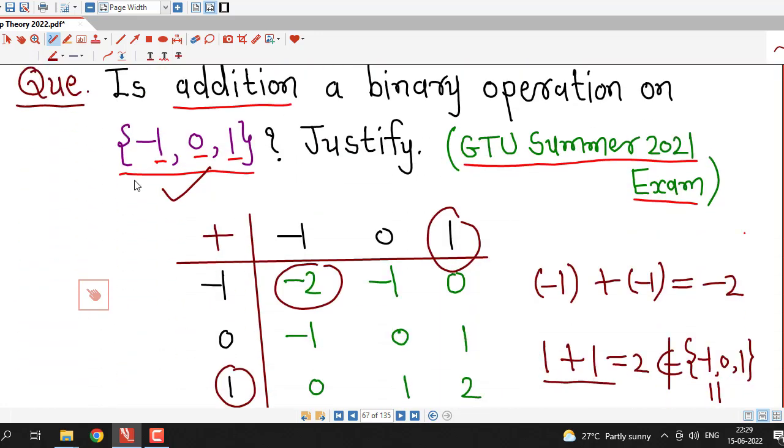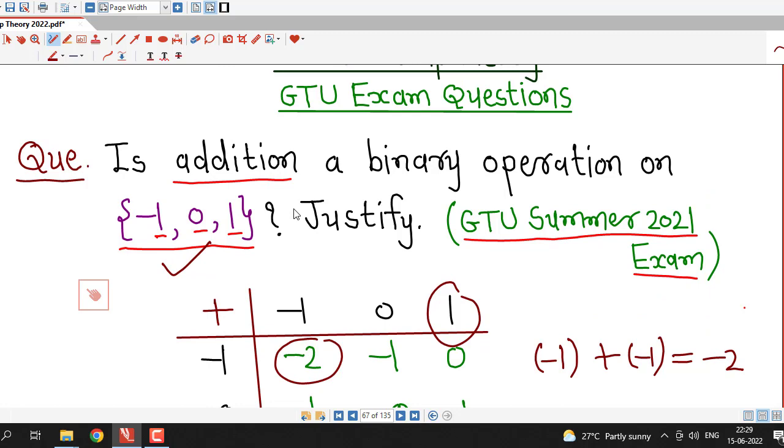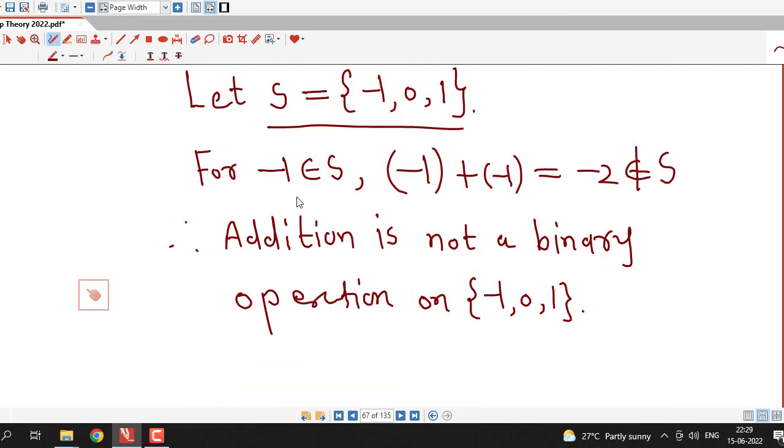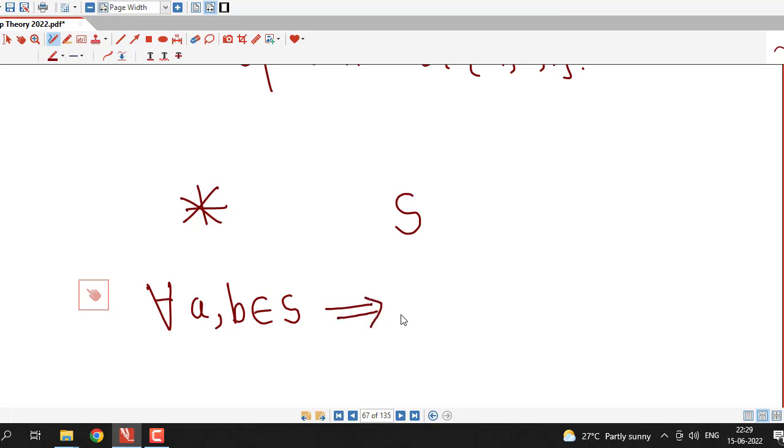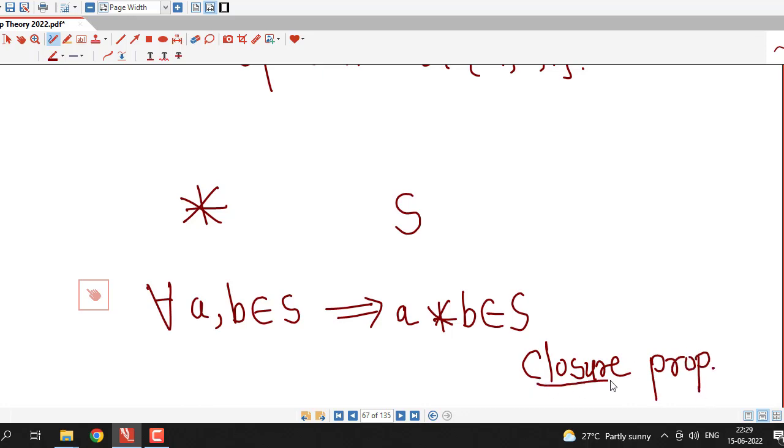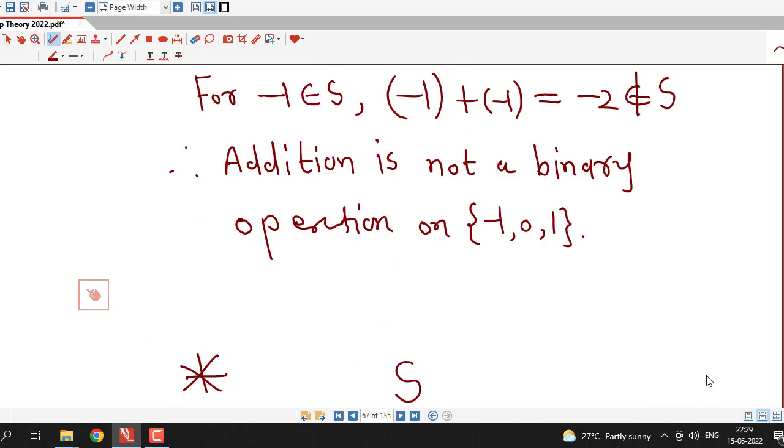So in this way we can decide whether a given operation is a binary operation on a given set or not. We just have to remember this definition that star is a binary operation on a set S if for any two elements A and B in S we must have A star B in S, and this property is known as closure property.